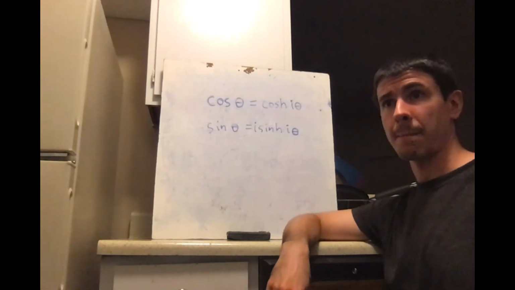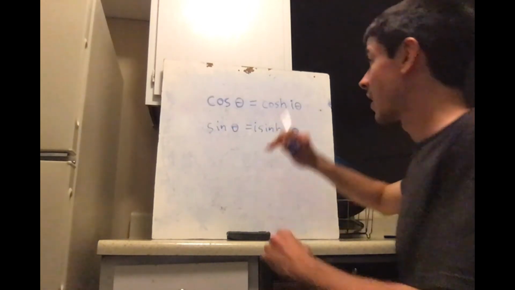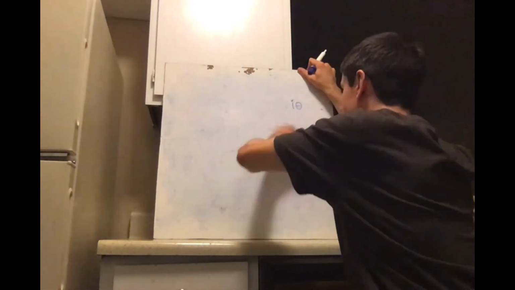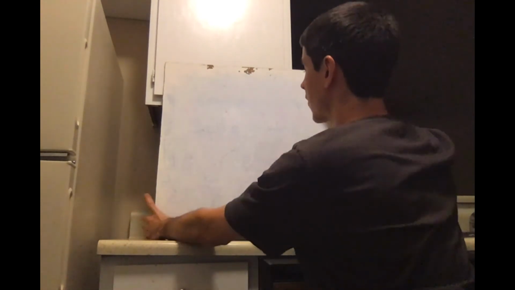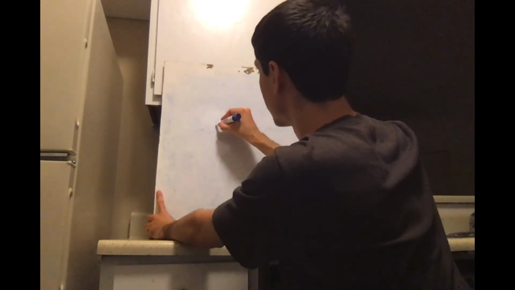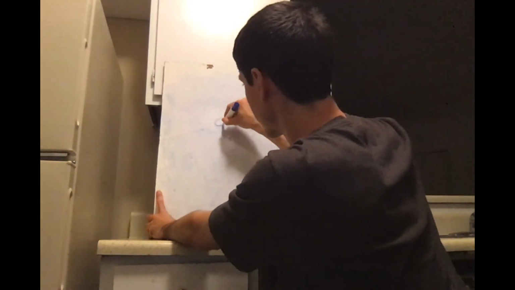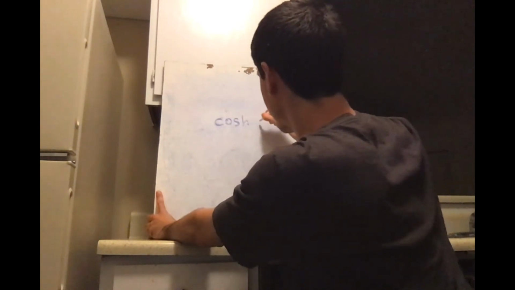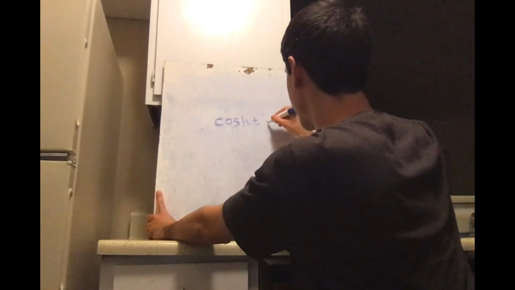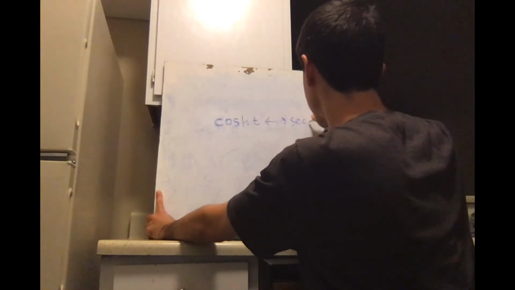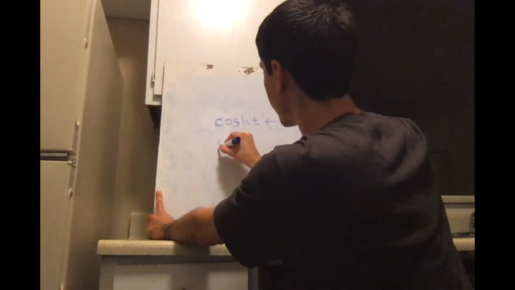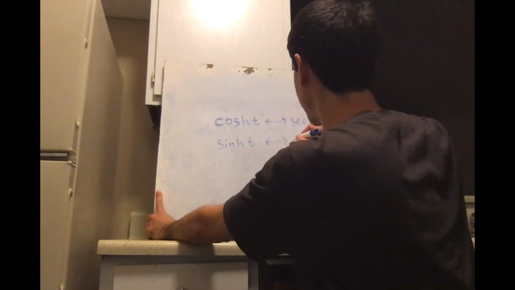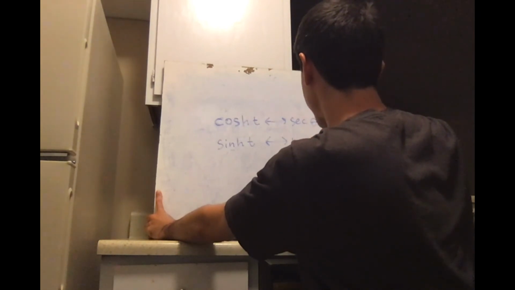There's actually a more appealing conversion between the circle and the hyperbola, which can be seen from the map: cosh t goes with secant theta, and sinh t goes with tangent theta.